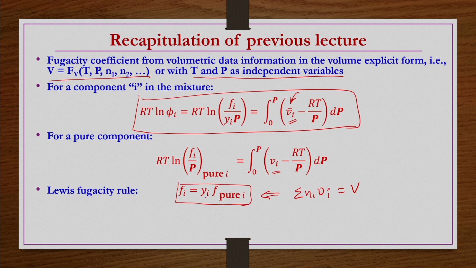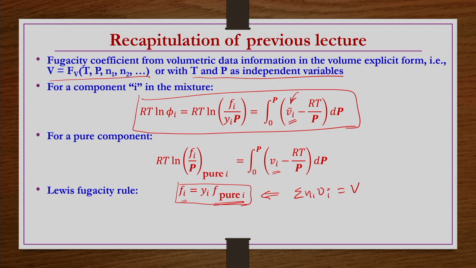Simply by multiplying by the mole fraction of that particular component in the mixture, you get its fugacity in the mixture, that is fi equals yi times f pure i. Here fi is the fugacity of component i in the mixture, and f pure i is the fugacity of that same ith component in a pure state, not mixed with anything.